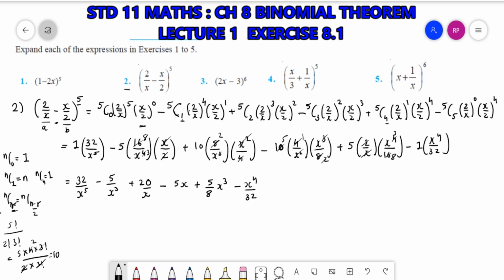Clear? So this is our answer. Okay, so just note it down. So we made one mistake. 5 eights are here will be 40, not 45. It will be 40.